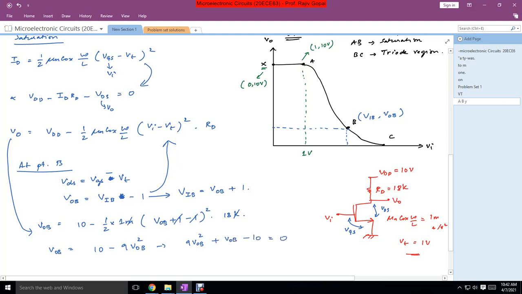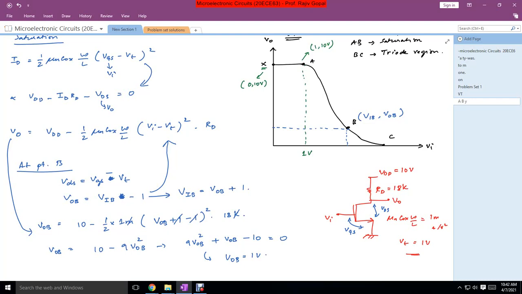Now this is a quadratic equation which you can solve, but by looking at it straight away you can say that VOB is 1 volt. If you use your calculator to solve this quadratic equation, you should get two values. One value will be invalid, since it is negative, and you can't have your output voltage negative.